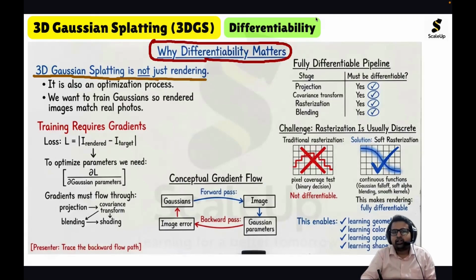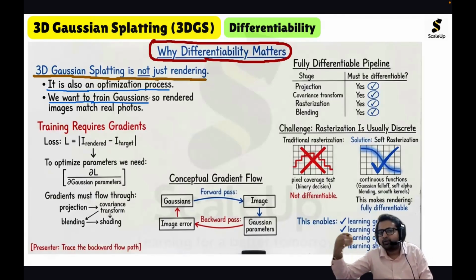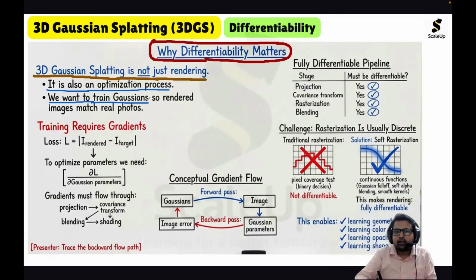So 3D Gaussian splatting is not just about rendering, it is also an optimization process wherein we will be training the Gaussians. Training the Gaussians means we will be learning the parameters so that the rendered image matches the real photos. That is what optimization is.